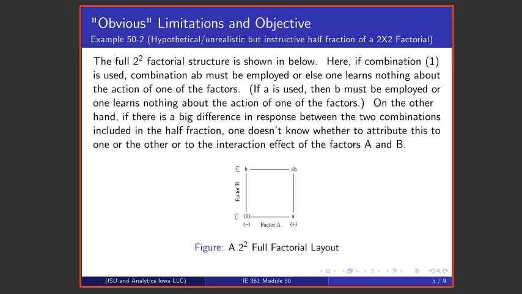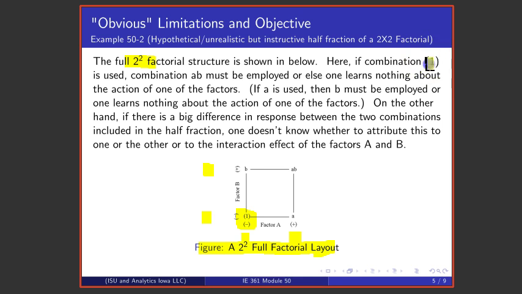Here's a very hypothetical, unrealistic, but instructive example. Here's a full 2 to the 2 factorial layout. So we've got factor A at low and high levels, we've got factor B at low and high levels. Let's imagine that one is going to collect data for sure with factor A low and factor B low.